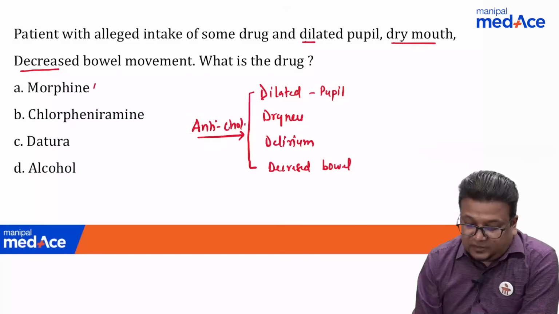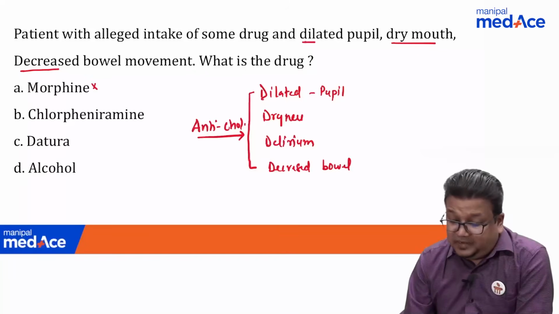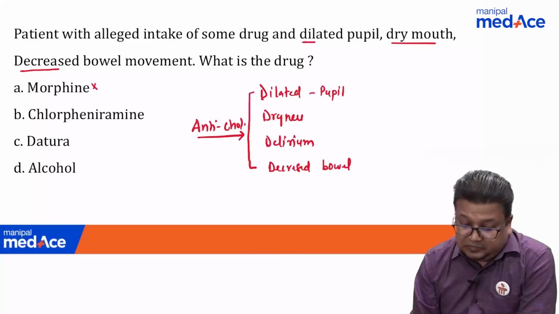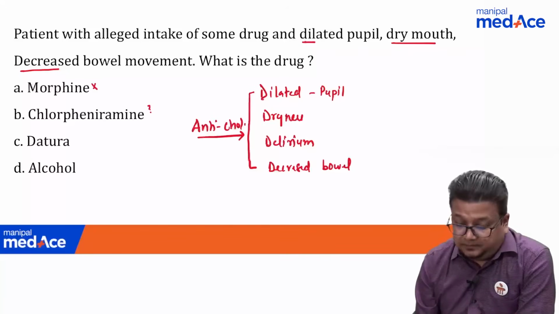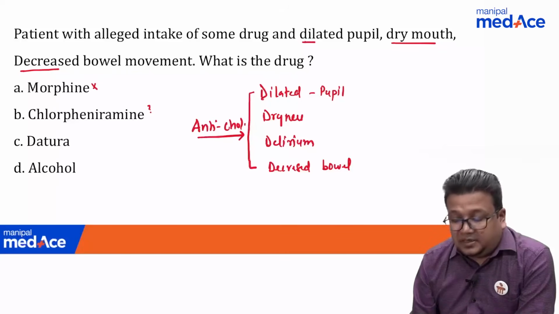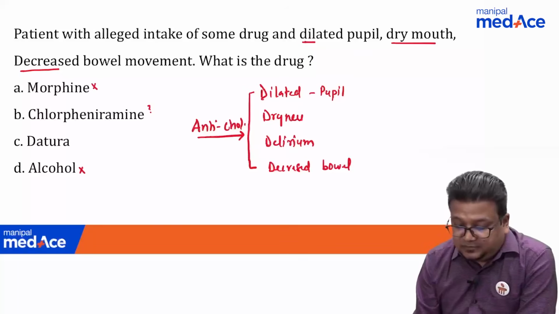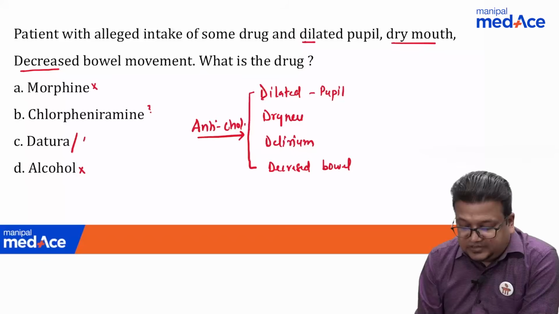So morphine is an opioid. Chlorpheniramine does have some anticholinergic properties, so we will keep it as a possible, but predominantly the drug is antihistaminic, so we're not thinking that it is the best answer. Alcohol does not produce these kinds of symptoms. Datura produces symptoms similar to atropine, and that is the correct answer.